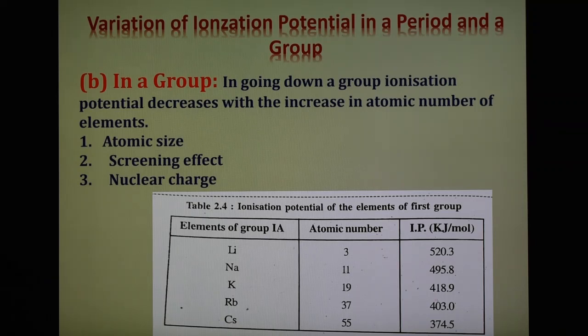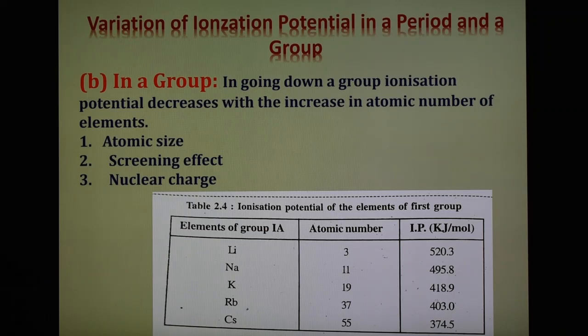This can be explained on the basis of three important factors: atomic size, scaling effect, and nuclear charge. First is atomic size. As we have seen, as we go down the group, there is a gradual increase in atomic size due to the additional new energy shell.